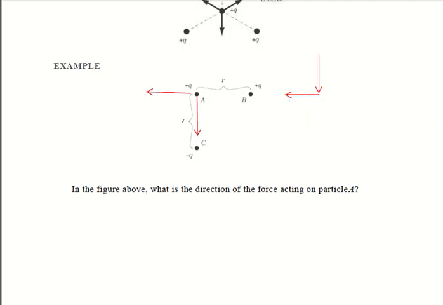So what is the direction of the net force acting on particle A? It's going to be going down and to the left at the same time. It's going to do what both of those other two vectors are doing, but at the same time.